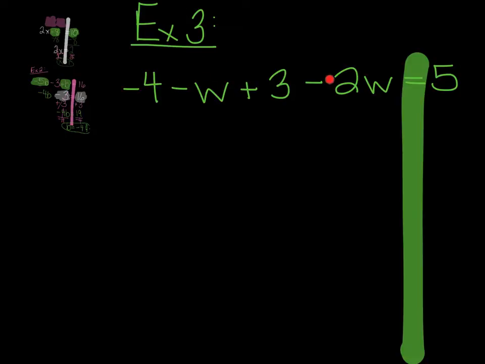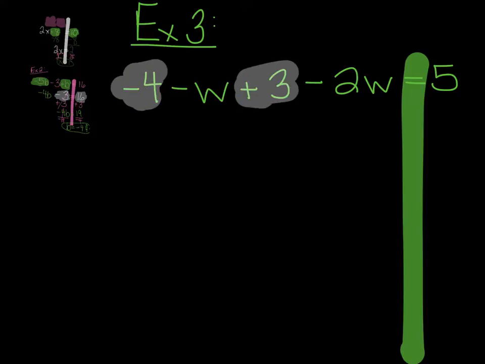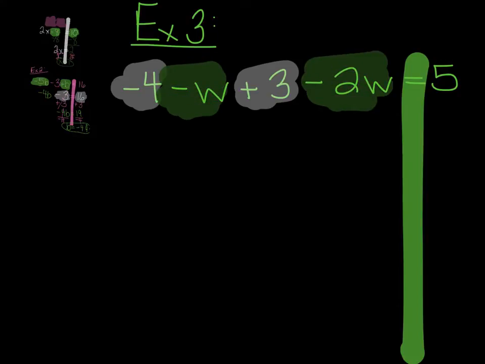Yes, there are 2 W terms, 2 variable terms, and then there are 2 constants here. So you can combine either of those together, whichever ones you feel like first. I'll do the constants first, these guys. -4 plus 3 will give me a -1, and then a -1W and a -2W.